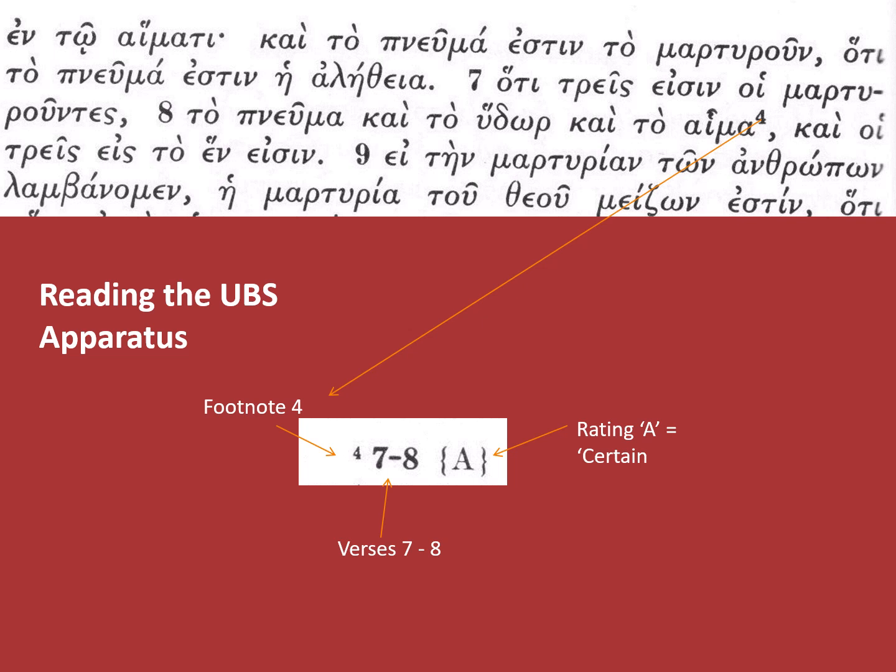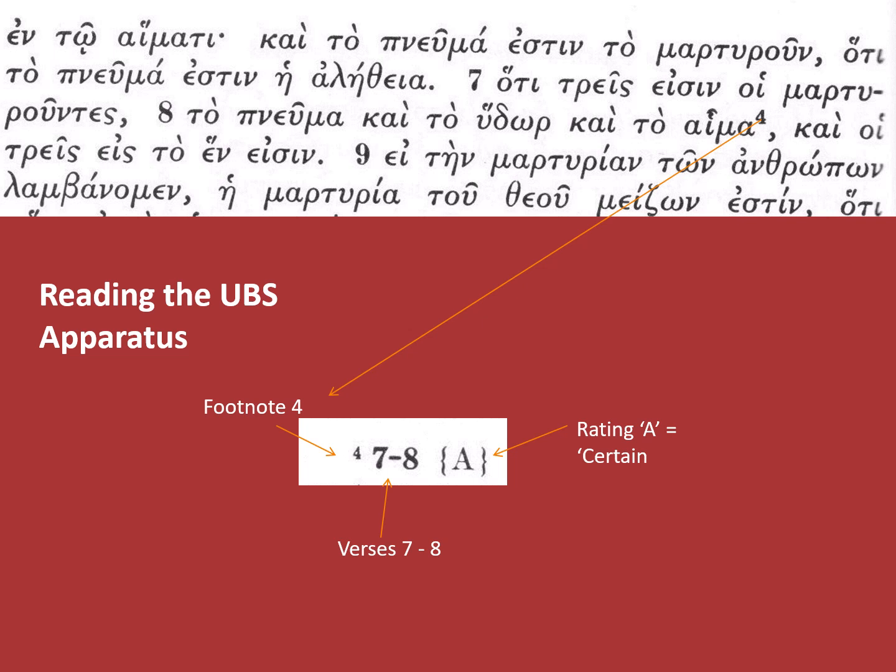And that can be seen lower down where we have in another white box the note 4 and then 7 through 8, that's verses 7 through 8. And then something in parentheses follows. It will be either an A, a B, a C, or a D in the UBS text.